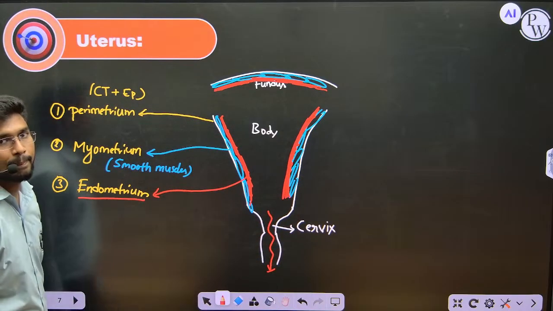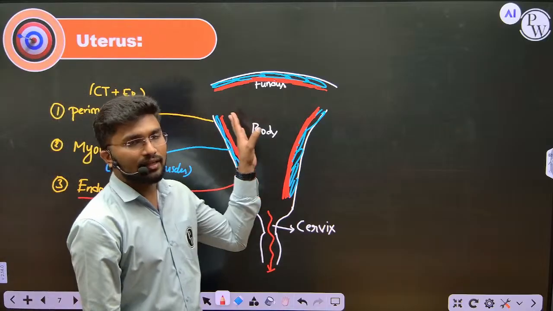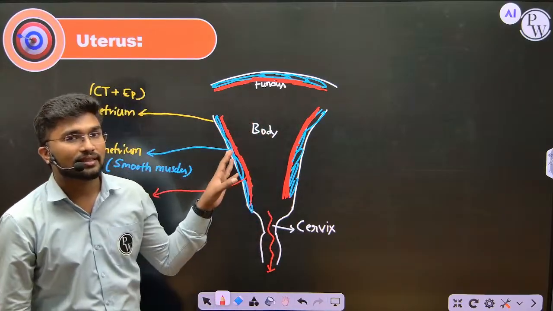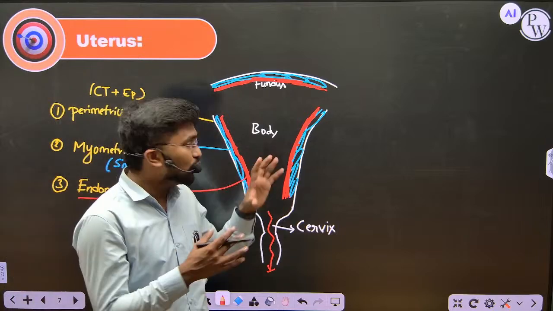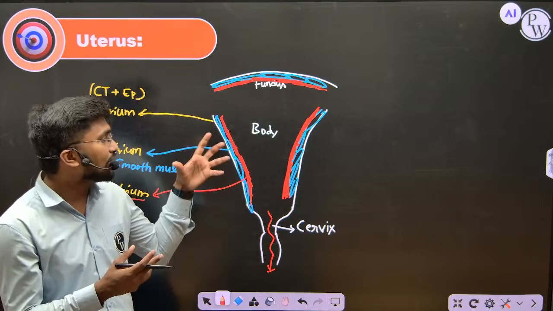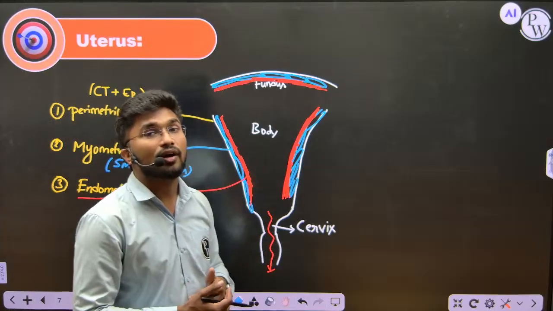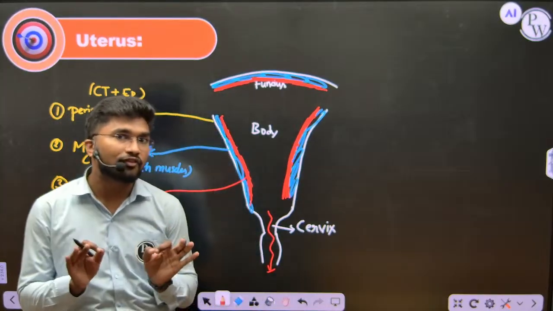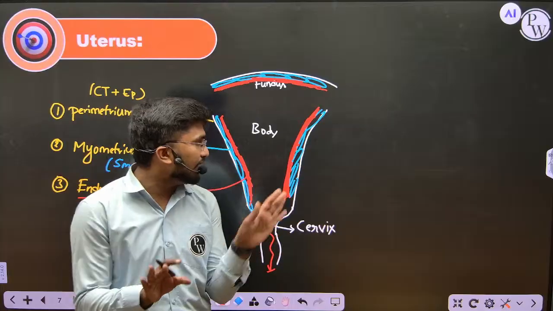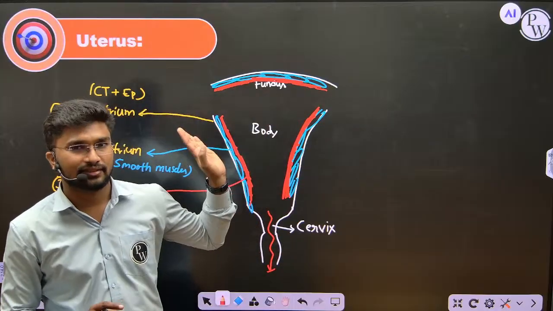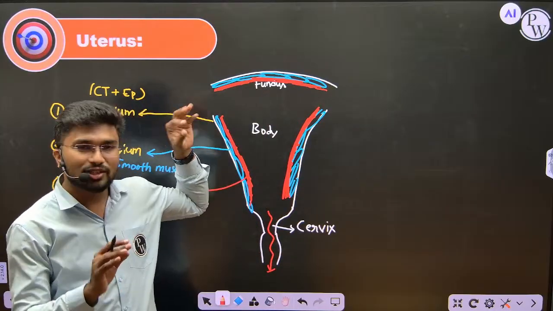The endometrium layer. Why? Every month shedding of the endometrium takes place because the uterus is getting ready for implantation. If implantation takes place, the endometrium will stay as such. Meaning, if she is pregnant, the menstrual cycle will stop.